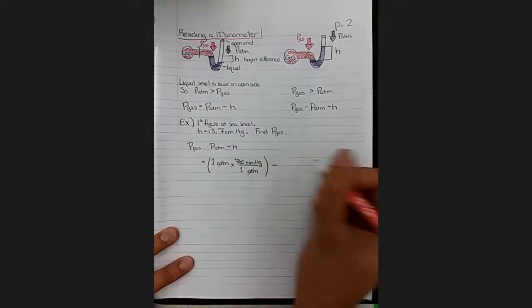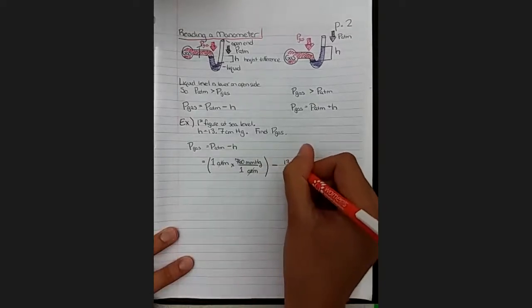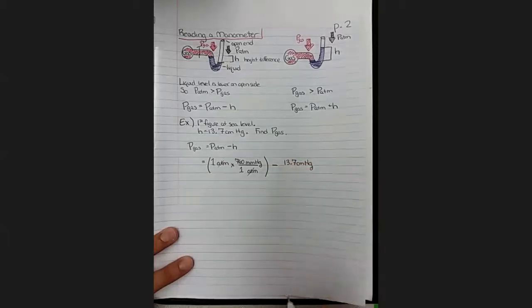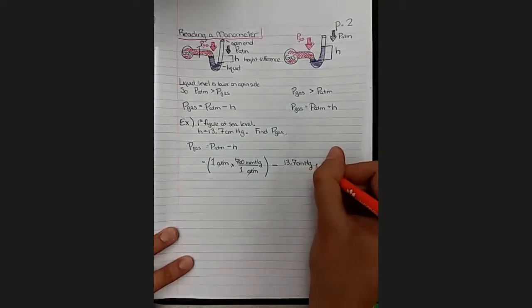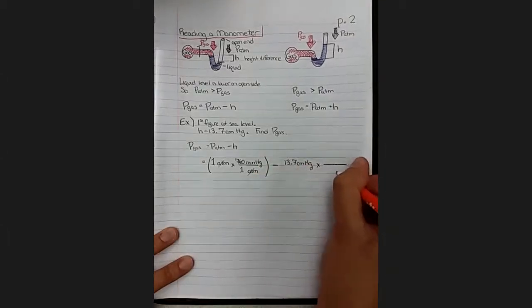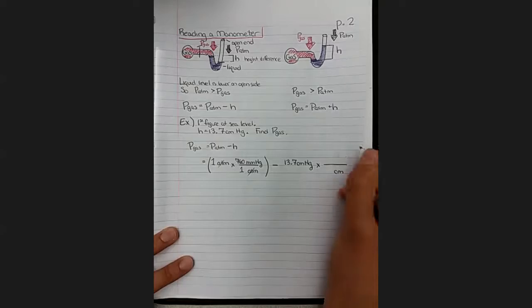And then I'm going to subtract the height of the column, which is 13.7 centimeters of mercury. And centimeters of mercury is okay, but the standard unit is millimeters of mercury, so I'm going to convert mine to that, since I already converted the left one. So we'll put the unit we have on the bottom, the unit we want on the top.